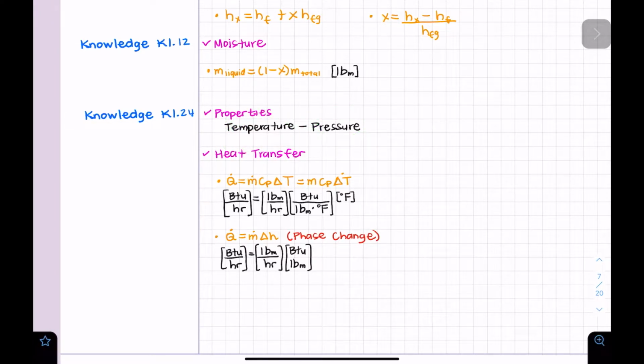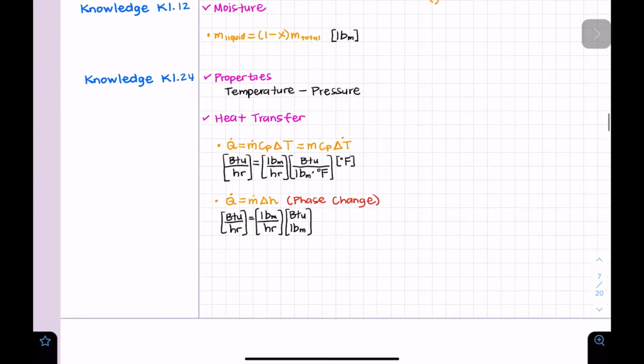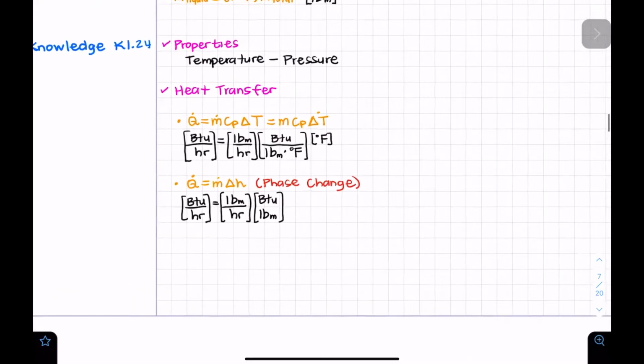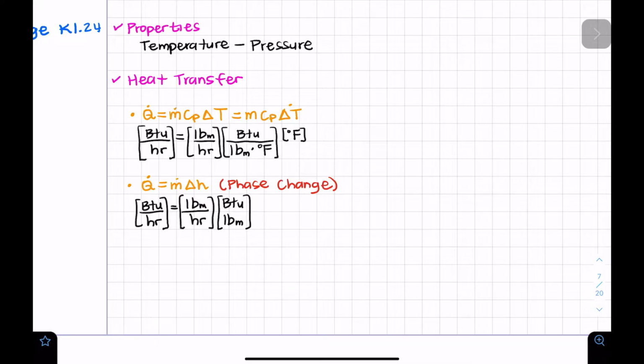Then we're going to be able to use heat transfer formulas. I suggest you start remembering these formulas, for the ones that we learned in college.